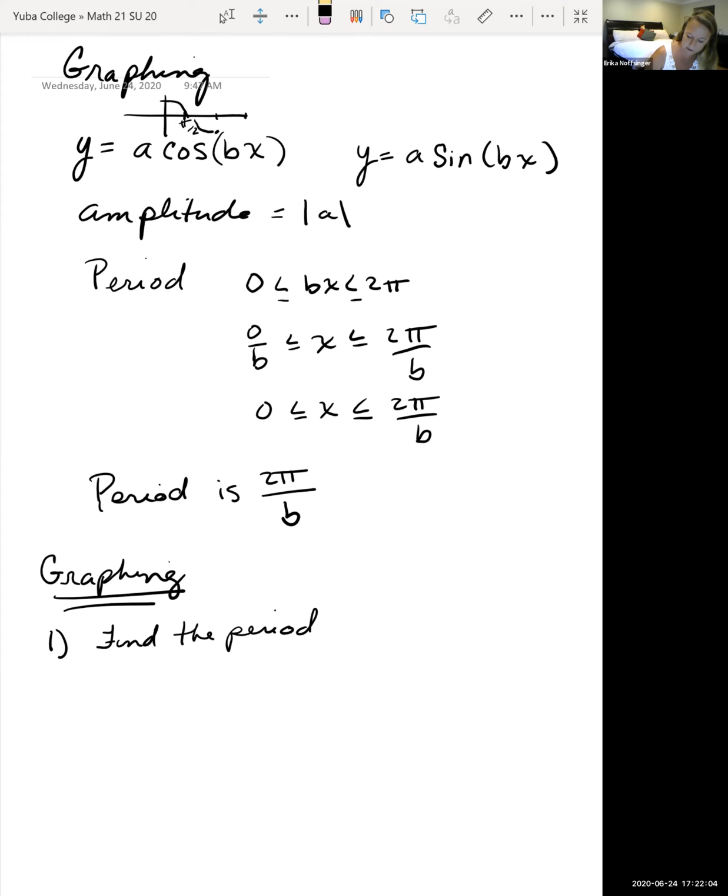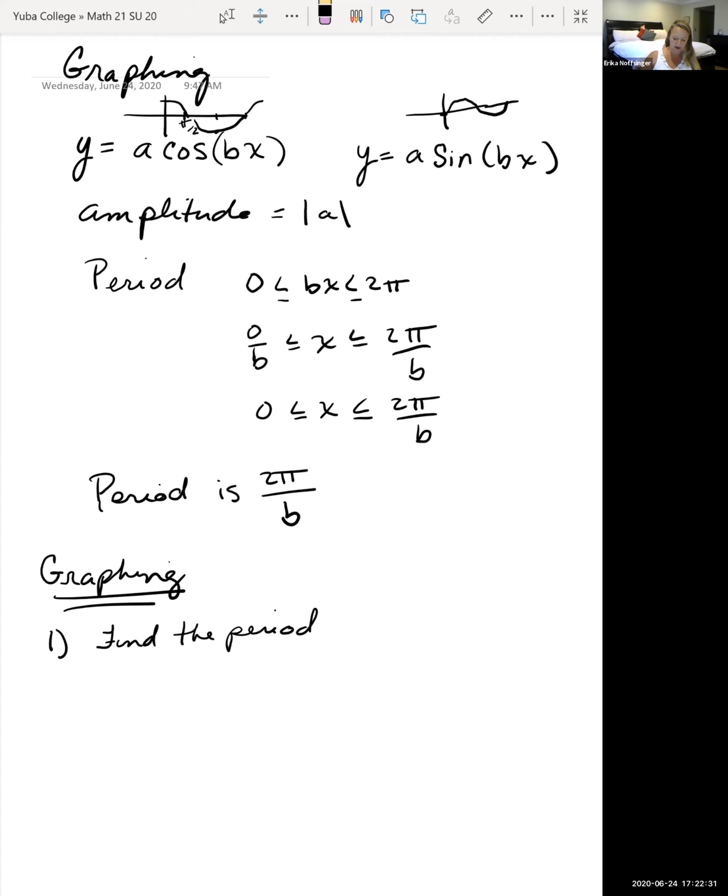Where the sine function started at the origin and then increased and came down and up. So depending on what function we are, are we going to start at 1 or the amplitude a or negative a, or are we going to start at the origin?